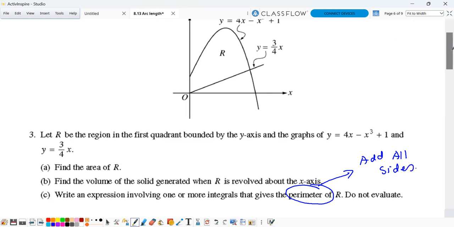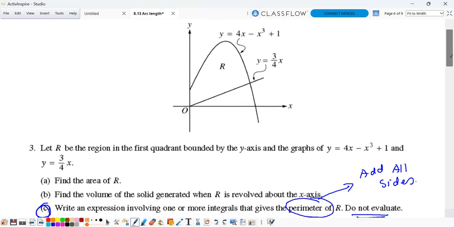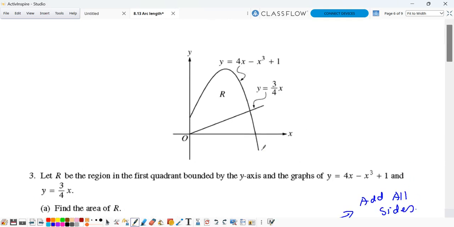So let's take a look at this example. This was with a calculator, but note that many times it only asks you not to evaluate, but to do the setup alone. So I'm going to help you with the perimeter part of this problem. Perimeter means this side, then that side, and this one.